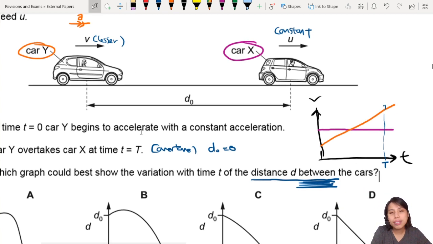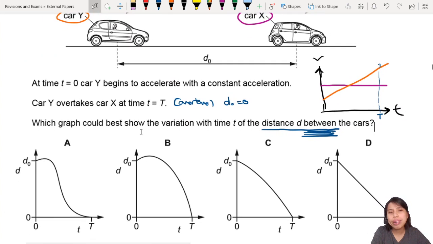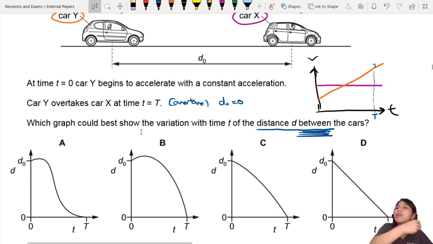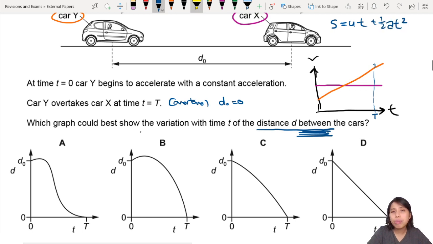But we're looking at distance. How do we decide distance? Is it going to be linear? Can you remember or think of an equation that has distance and time in it? A SUVAT or kinematics equation. One of them is like this: s equals ut plus half at squared. And that tells you the relationship between displacement and time.